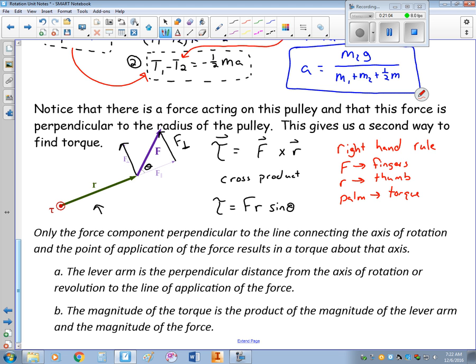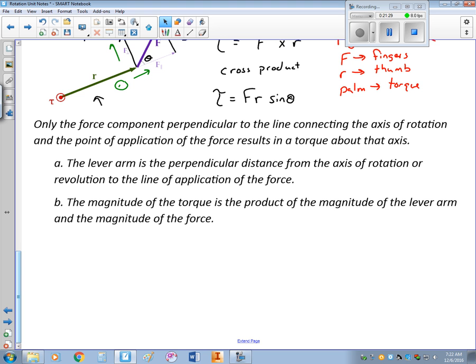So, looking at this example right here, our fingers would be pointing up. Our thumb would be pointing this way, so the torque would be coming out of the board at us. And I'll explain that in a little more detail in class.